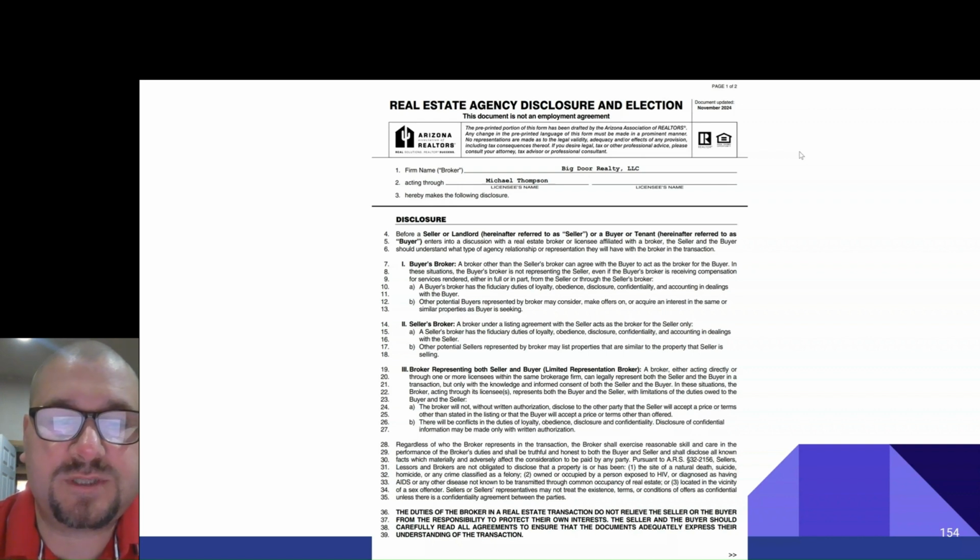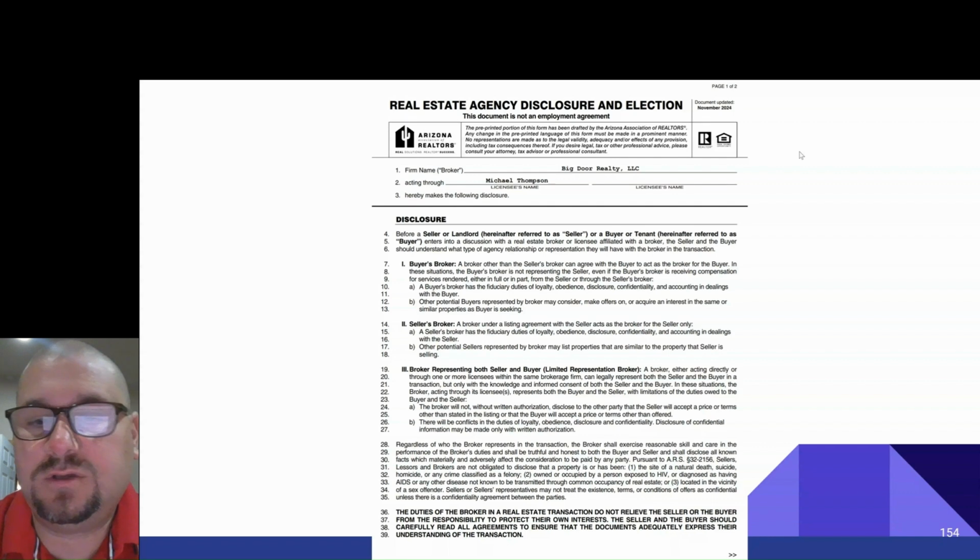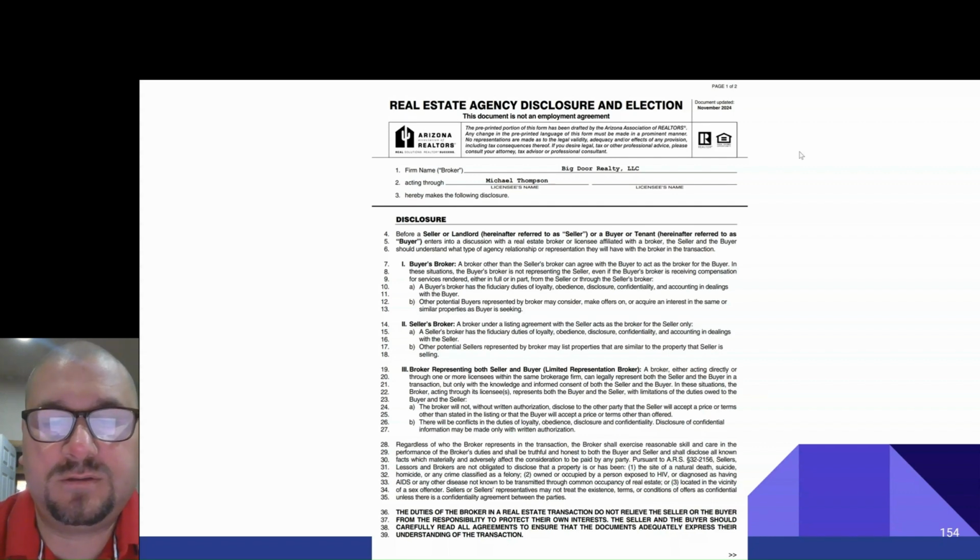Sellers, lessors, and brokers are not obligated to disclose that a property is or has been: 1. The site of natural death, suicide, homicide, or any crime classified as a felony. 2. Owned or occupied by a person exposed to HIV or diagnosed as having AIDS or any other disease not known to be transmitted through common occupancy of real estate.